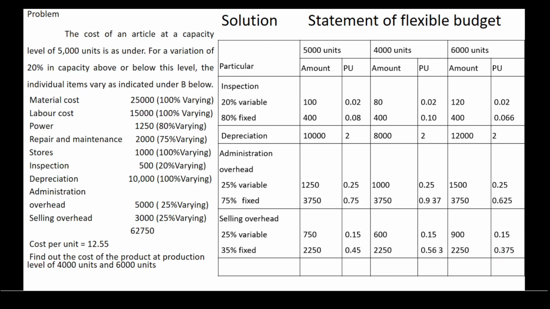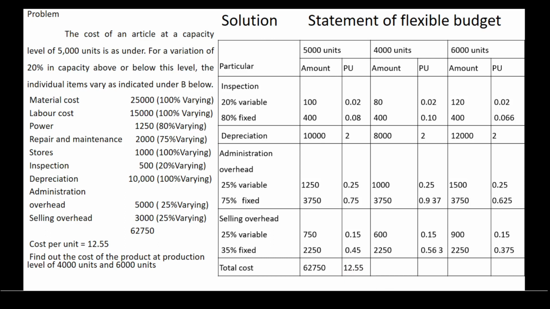So now we take the total cost amount. The total cost means we take the total of all these expenses. So whatever expenses are here, when we take the total, we call it the total cost. The total cost of the 5,000 units amount is 62,750 rupees. For the cost per unit, here the total is 12.55 rupees.